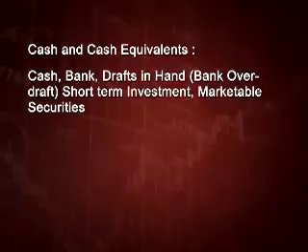Now, first of all, let us understand some important terms which are going to be used in this chapter. The first very important term is cash and cash equivalent. First of all, it includes cash, bank, drafts in hand, bank overdraft, though it is a negative item, short-term investment, marketable securities.